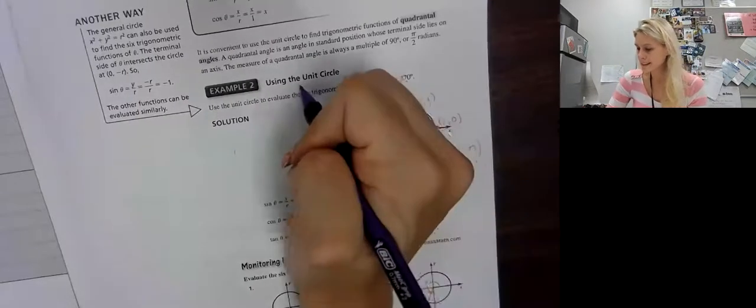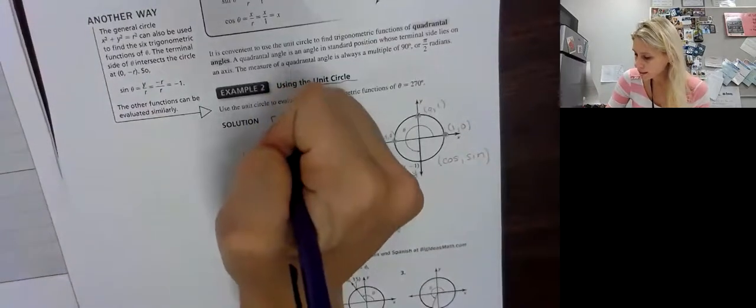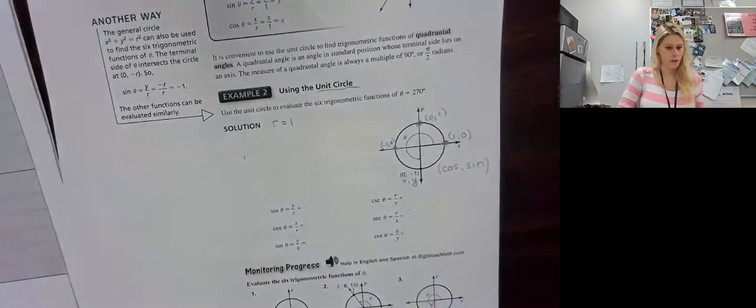And of course, since this is the unit circle, our r is automatically 1.